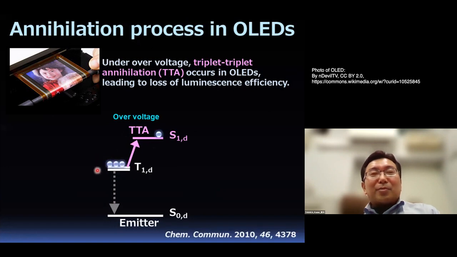It means that by accumulating the excited molecules, some special transition is induced, named TTA, triplet annihilation. As a result, excitation energy is consumed, and luminescence disappears.